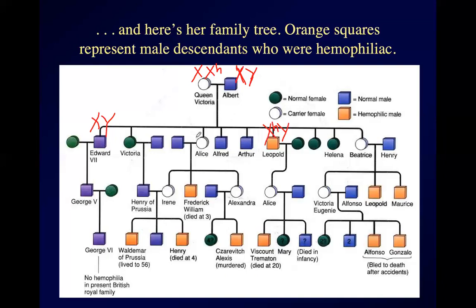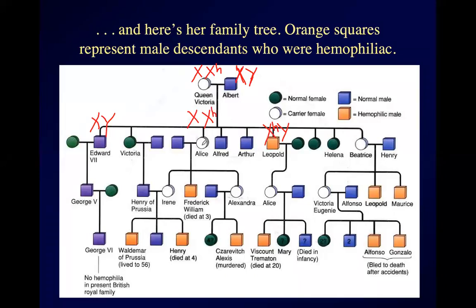Queen Victoria's daughter, Alice, right here. She got an X from Albert and an X from Victoria, and just by luck, she got Victoria's hemophilia gene.